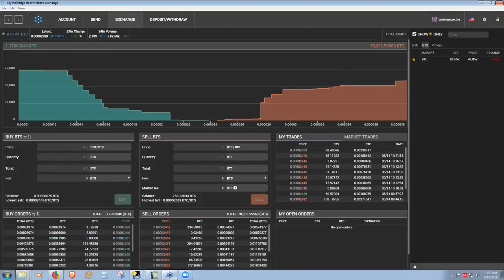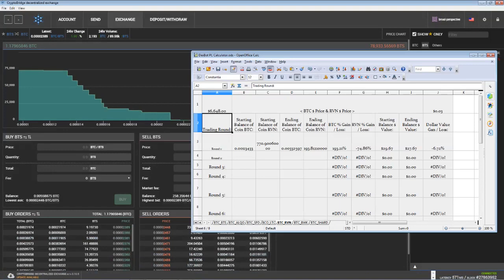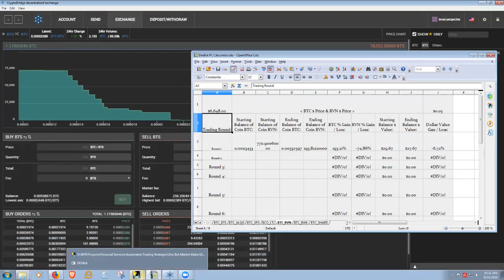The only reason I included it in this market making research I'm doing here is because it had the highest volume on CryptoBridge. It's doing nearly 30 Bitcoin a day right now, which is one of the top coins on this exchange.